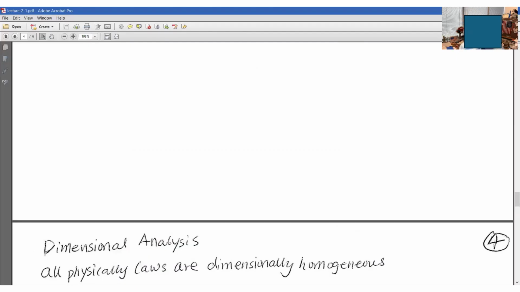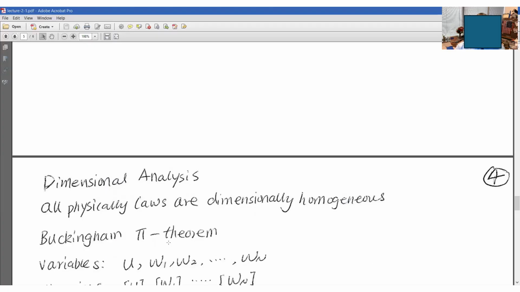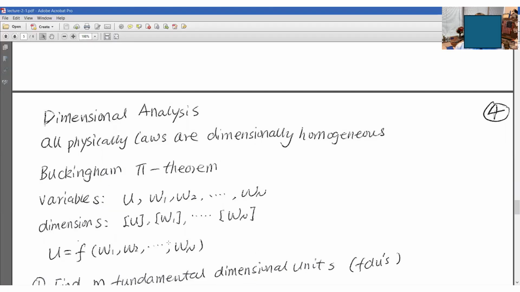Then I'm going to talk about another very important concept, dimensional analysis. Dimensional analysis is very useful if you want to do some experiments, get some trend data, and then train on this data. I hope you learn this dimensional analysis very well. It is a very powerful tool for data analysis, to extract important information, the trend, and to transfer the data.